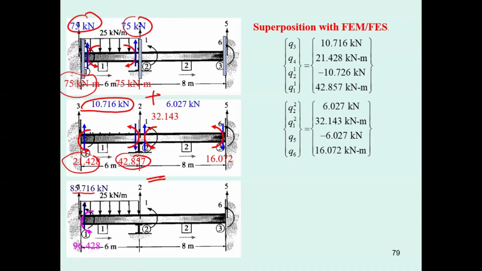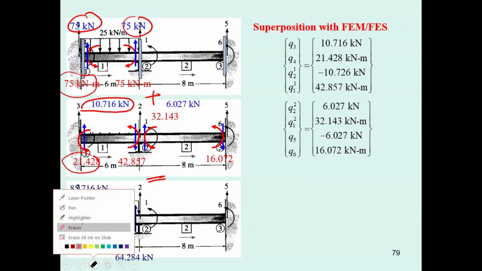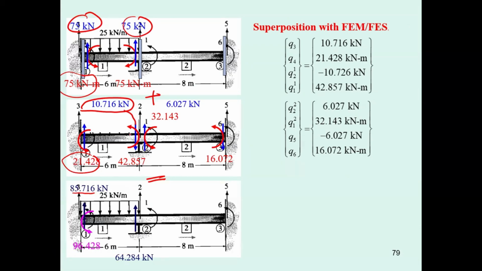This one is downward. Minus 75 minus 72.856. Okay. Oops, not yet. You have this one. And oh, I'm wrong. I'm wrong. This is 75 and this one 10.716. This one here. Okay, you get this one.